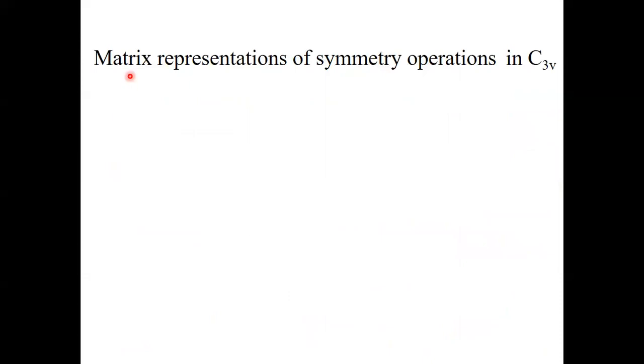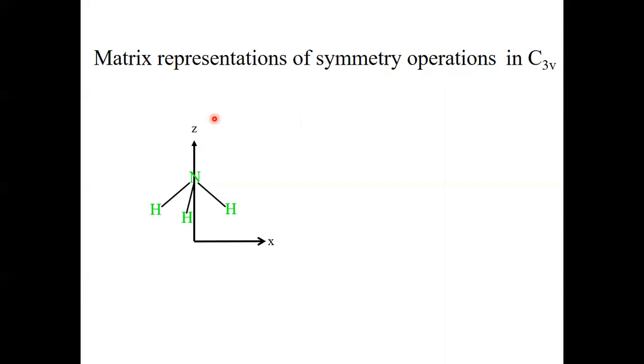Okay, so let us go from the point group C2V to the point group C3V, and let us develop the character table for the point group C3V in exactly the same manner as we have developed it for the point group of C2V. So now, first of all, we should define a coordinate system.